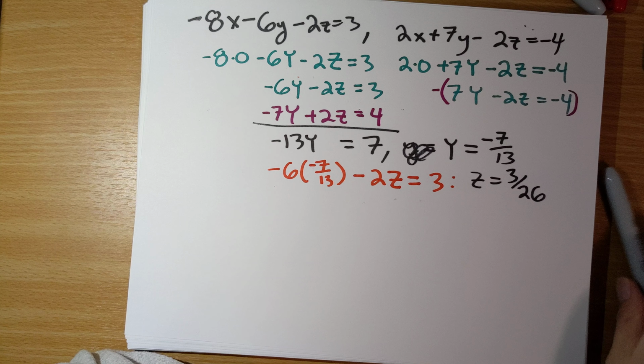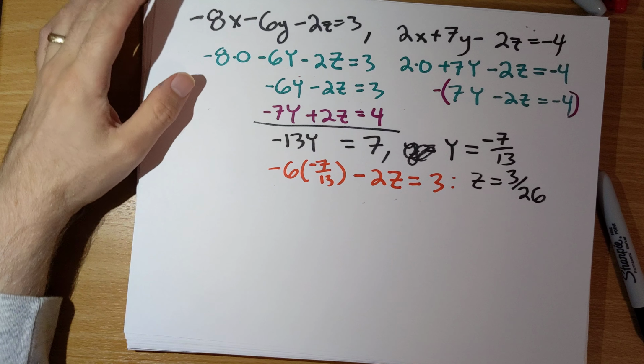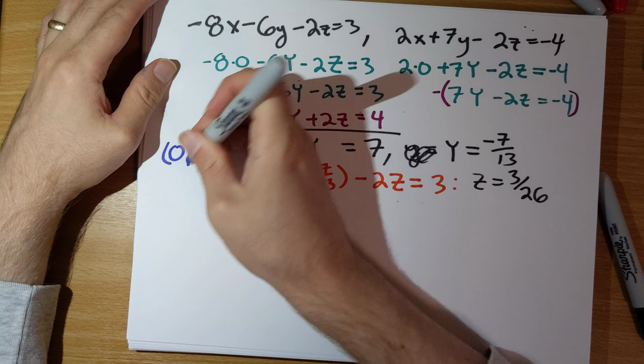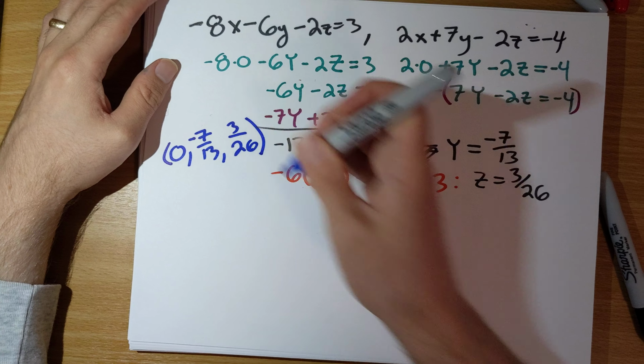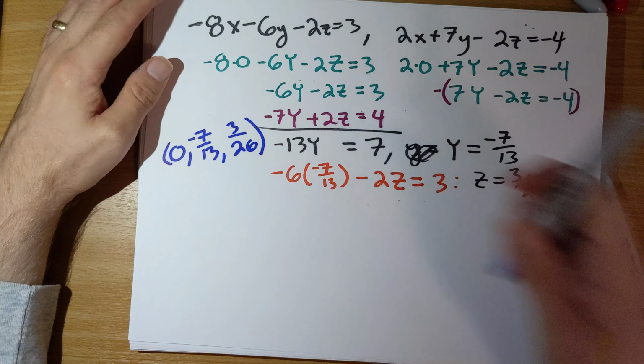So then what are the coordinates here? 0, negative 7 over 13, and 3 over 26. That is the point that falls on this line, the intersection of these two planes with x coordinate 0.